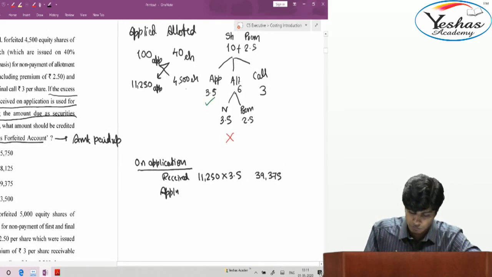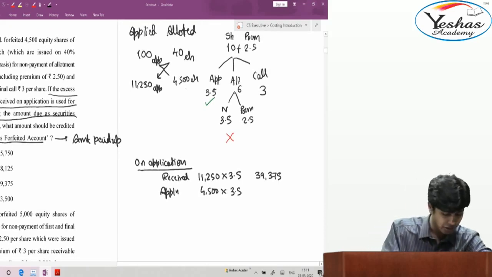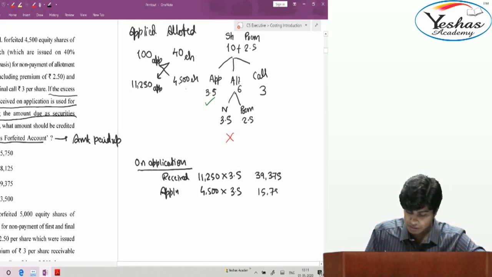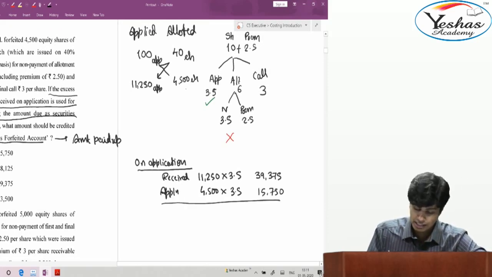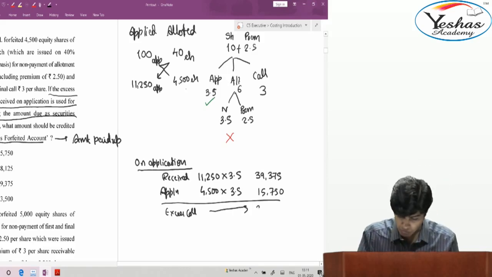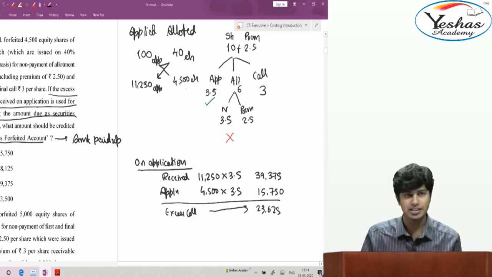Actually, I have allotted him 4,500 shares only, so I'm supposed to collect 4,500 into 3.5, that is 15,750. You get that? Anything excess collected is towards what? Let's first find out the excess money collected: 39,375 minus 15,750 takes me to 23,625. This is the excess money collected.